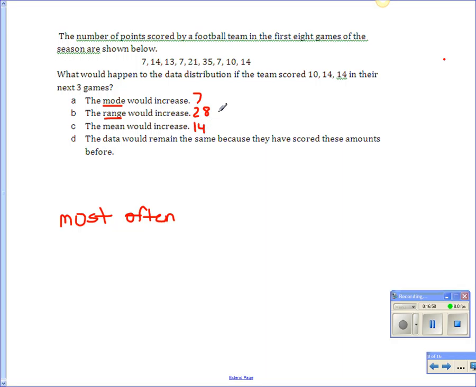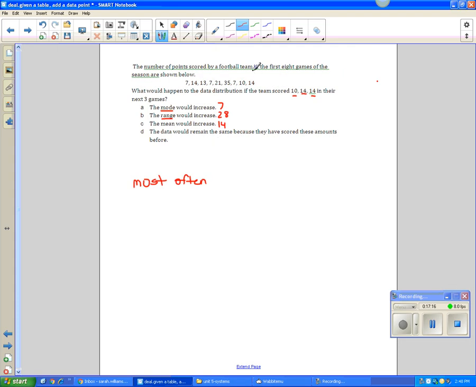And this time you have to add to the bottom of your list 3 numbers, 10, 14, and 14. Okay. All right, stat, calc, first one. Okay, so again, the calculator won't give you the mode. The mode is the one that occurs the most often.